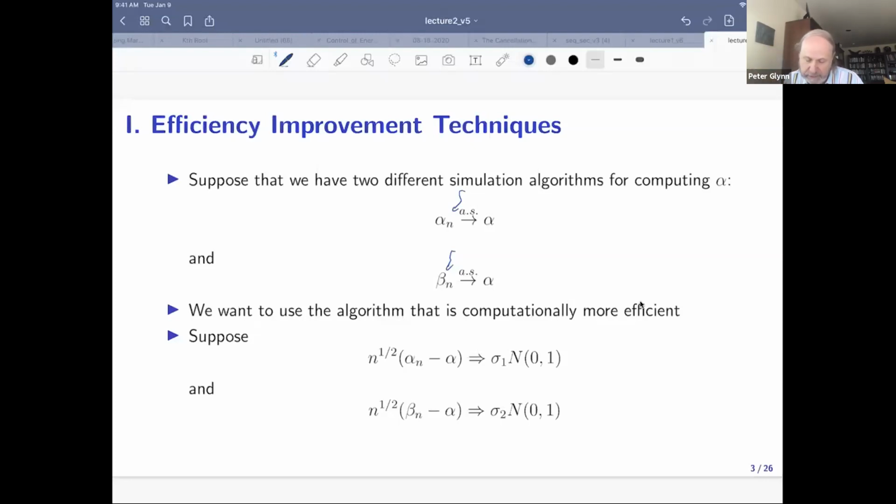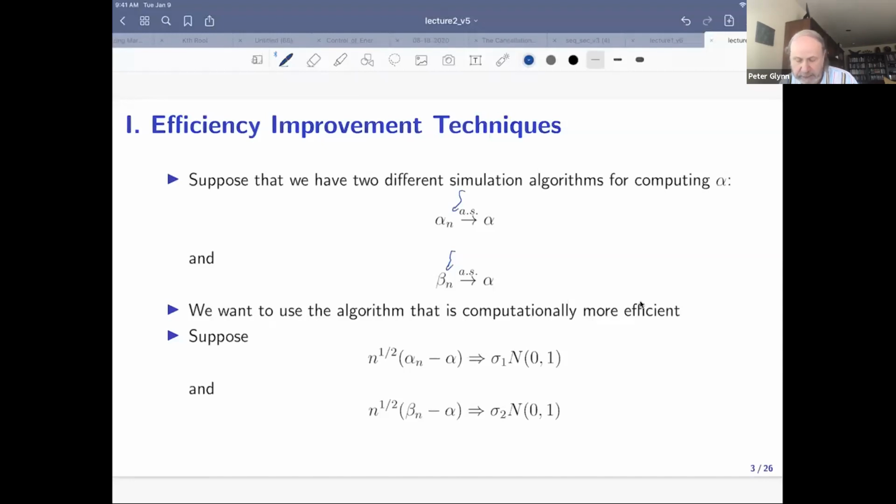In this setting, let's just assume that we have central limit theorems for both algorithm 1 and algorithm 2, of the type you often see in the world of Monte Carlo, namely square root convergence with a normal distribution on the right-hand side. So for algorithm number 1, alpha n minus alpha, when scaled by square root of n, converges to a normal 0, 1 with standard deviation sigma 1 sitting out in front of it.